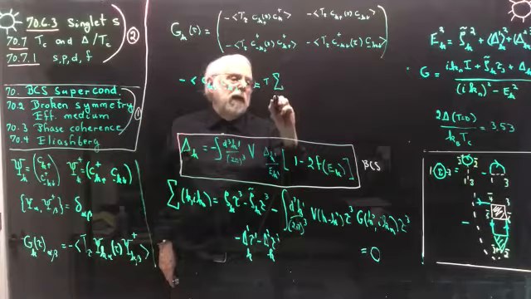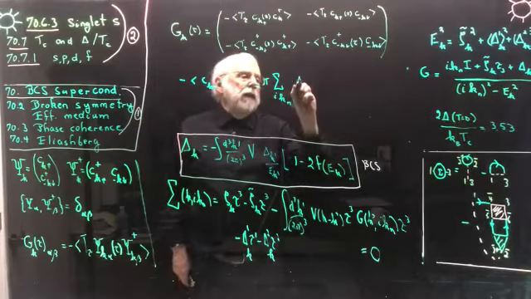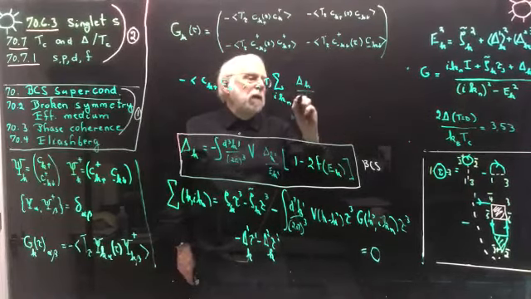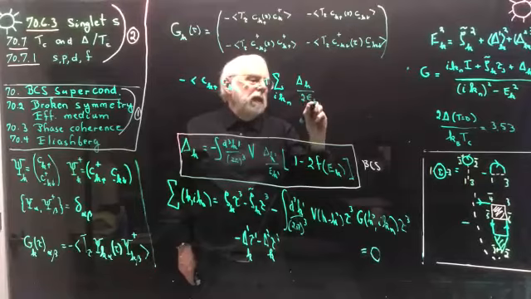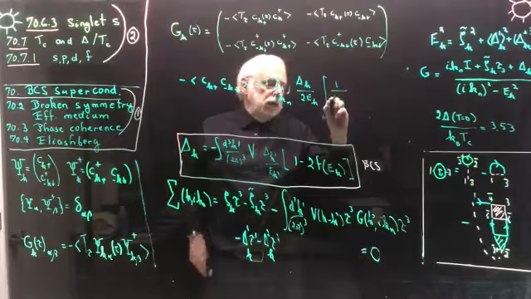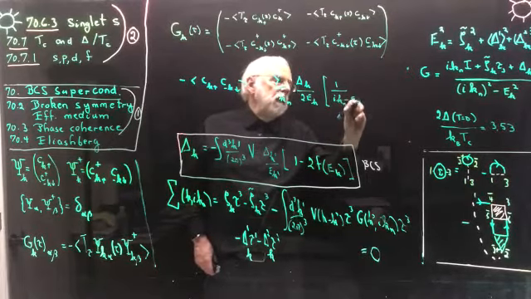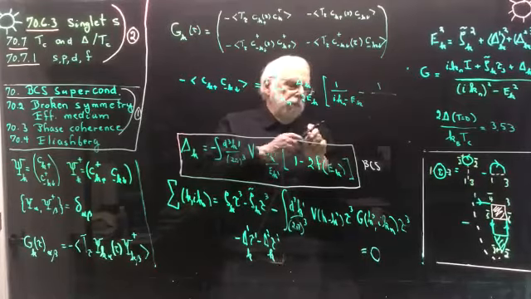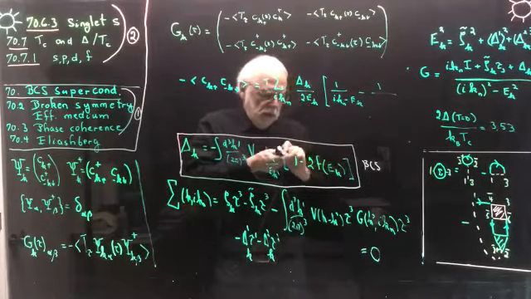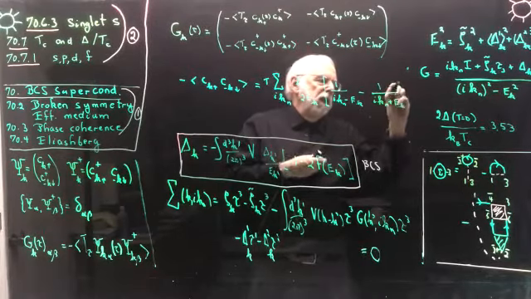T times the sum over i k_n of this off-diagonal piece that I can write as delta k over 2 E_k times, just like I did here, 1 over i k_n minus E_k minus 1 over i k_n plus E_k.